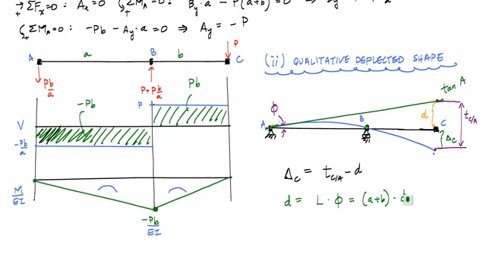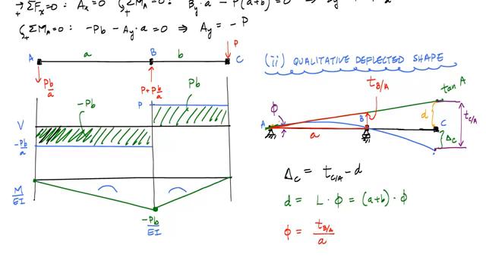I can use this triangle to calculate the angle phi, because I know that this side is a distance a, and this right here is the vertical distance to point B from the tangent line at A. Then phi is equal to t_BA divided by the length little a.